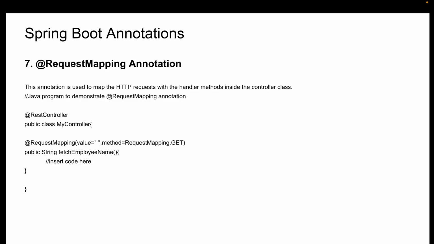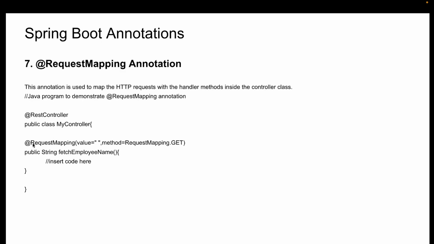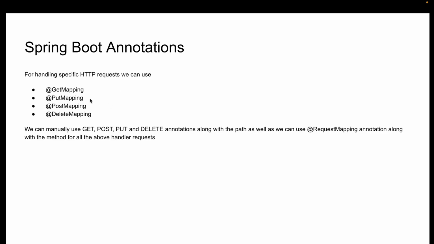Let's say your URL is something like http localhost 9090 and then slash fetch slash employee. You can replace this entire line, at the rate request mapping value equal to this, method equal to request mapping dot get, with at the rate get mapping. So get mapping is a specific annotation which is used only for fetching the information.